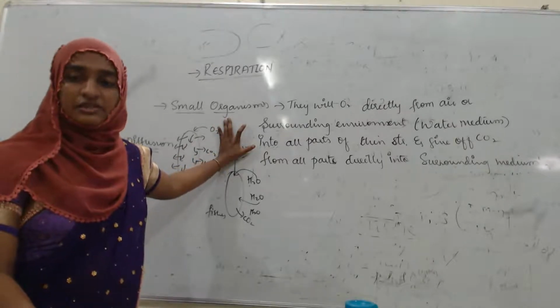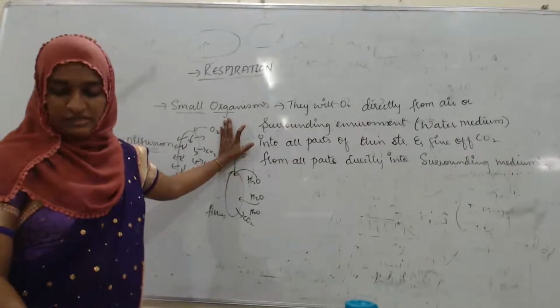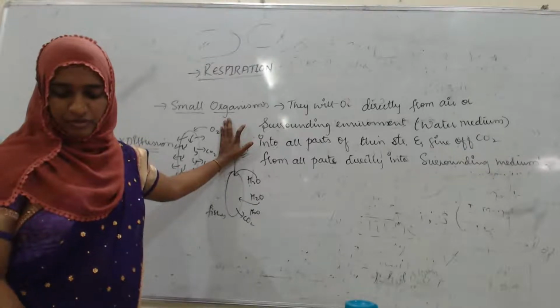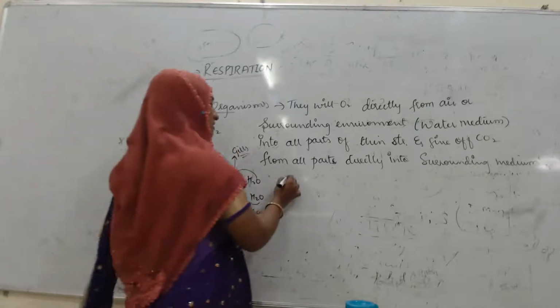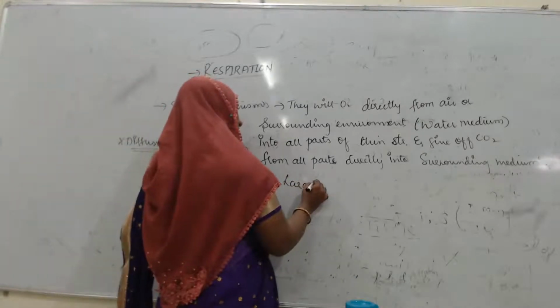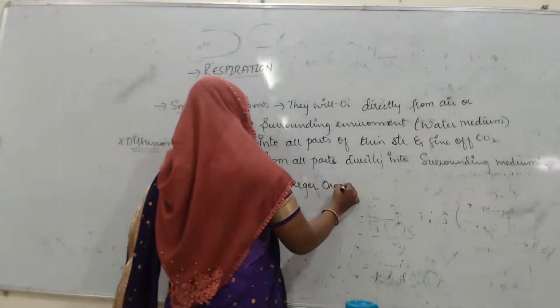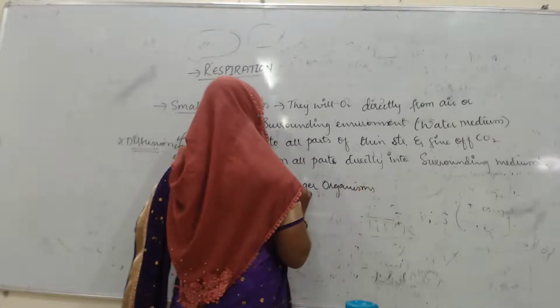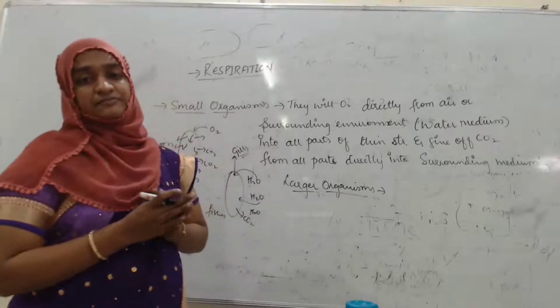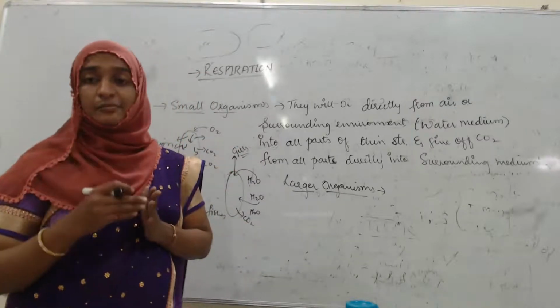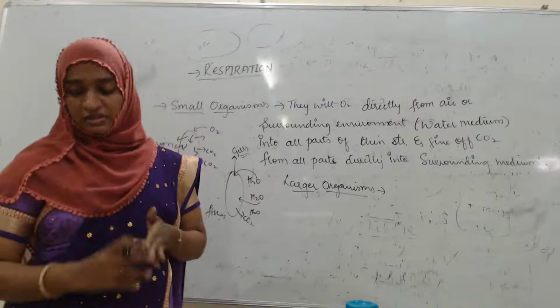Then what about the larger forms? What do they require? The larger forms require the aid of respiratory and circulatory systems. So here, larger organisms require some parts, some organs, that is the respiratory organs or the circulatory organs.